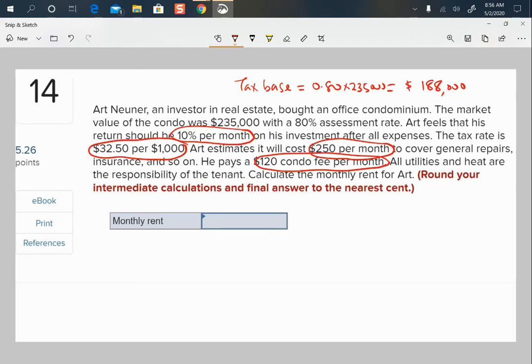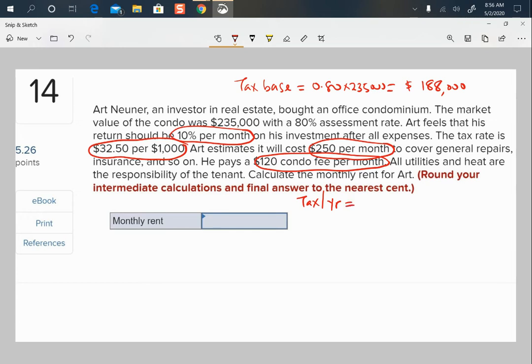So, of course, this is coming from chapter 14. We're going to address the issue to do with the tax. The tax on this property, because the tax is $32.50 per $1,000, so we can determine the tax amount per year.